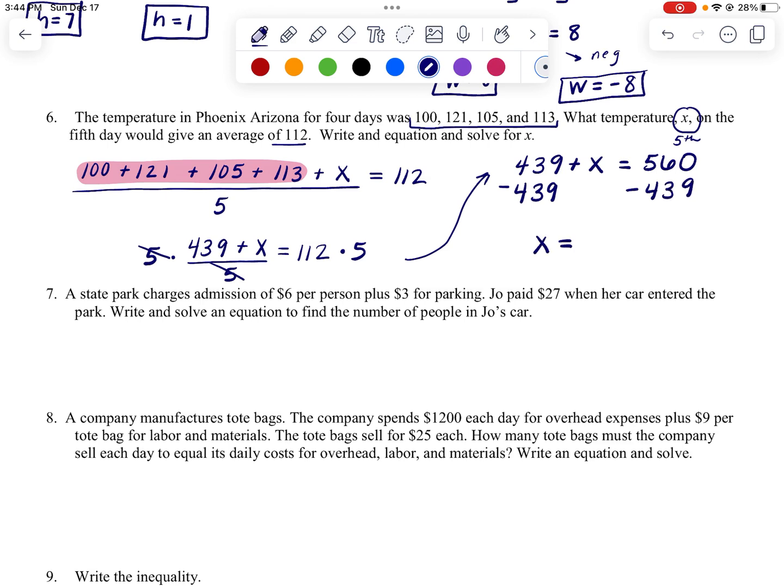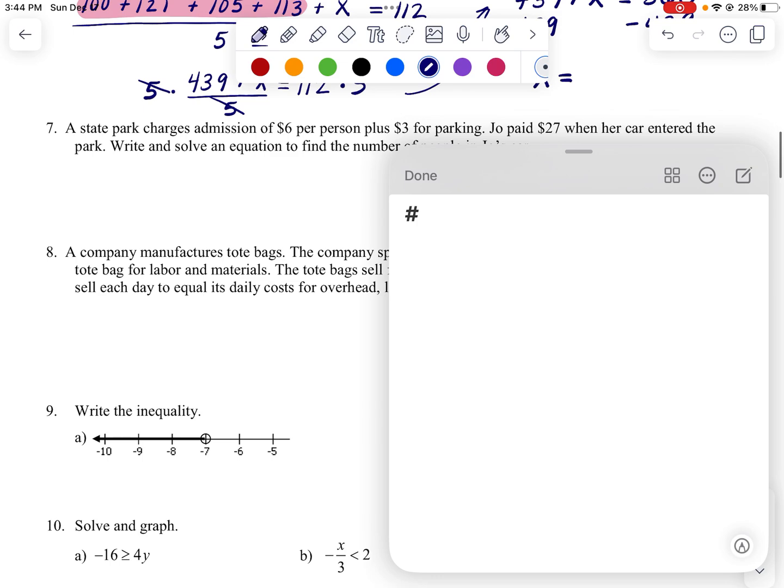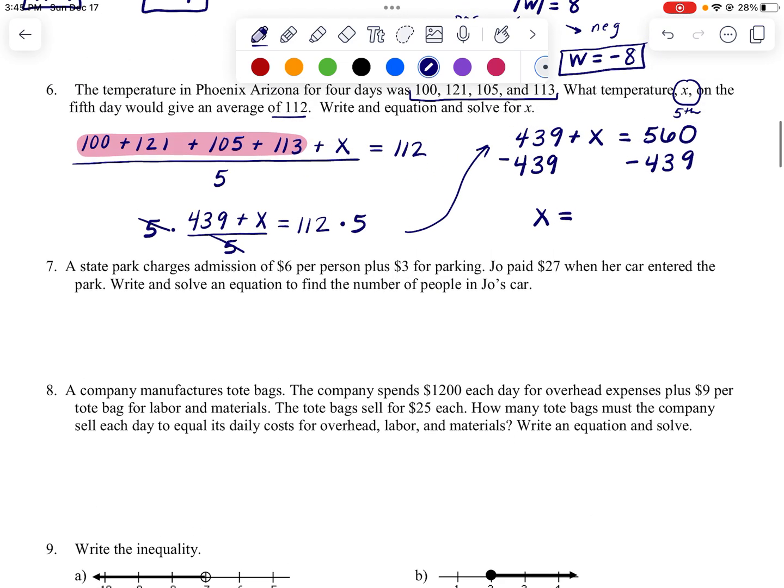And you would get that you would need the 5th day to have an average of 121 degrees. And what did I add here? Units, don't forget them, okay, especially in word problems.